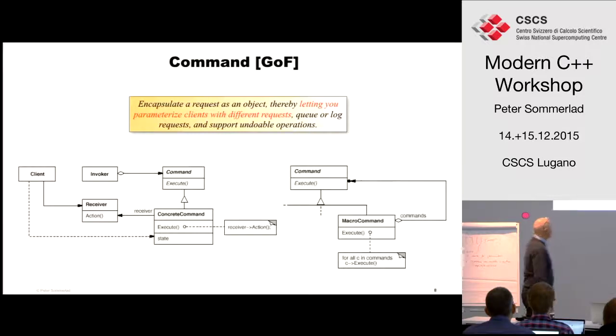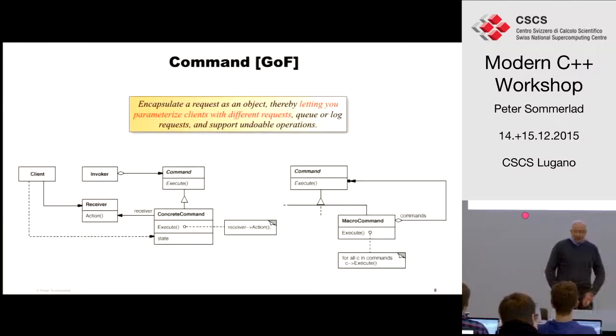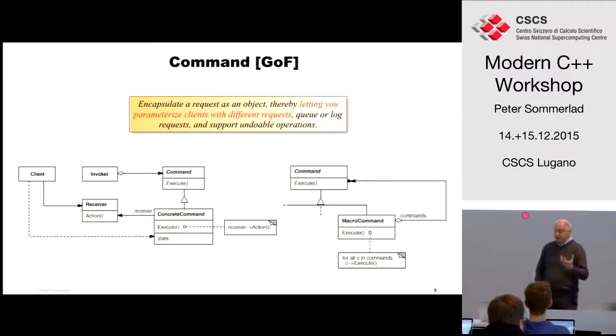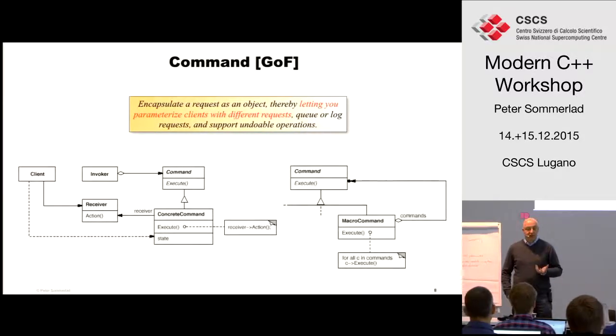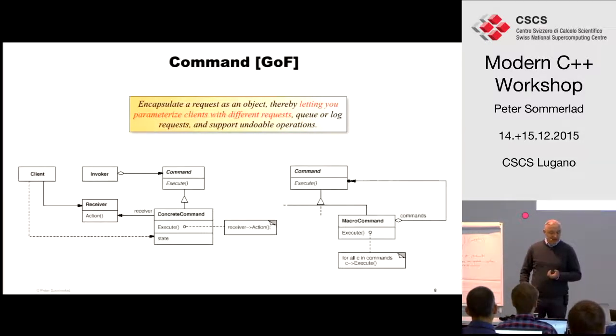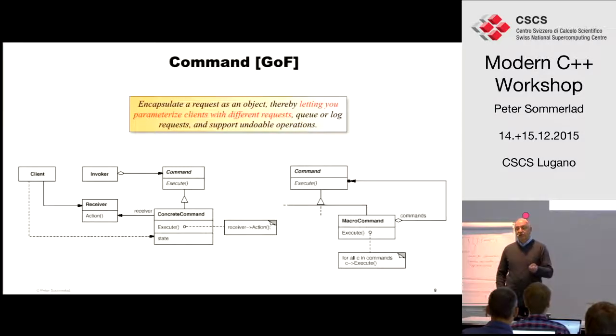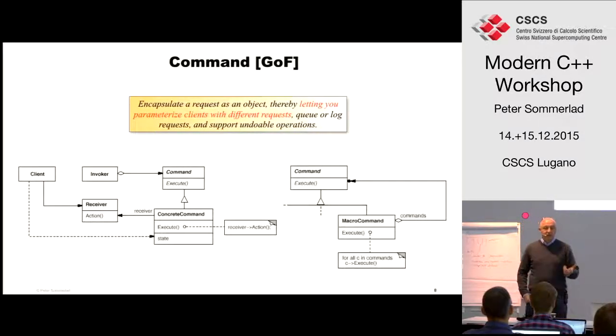If you look at the description of the command pattern, it actually is about encapsulating some request as an object. And once you have that as an object, you can pass it around. You can parameterize other objects or methods or functions with it. You might be able to queue things, so you don't have to execute some requests immediately, but might do it later.